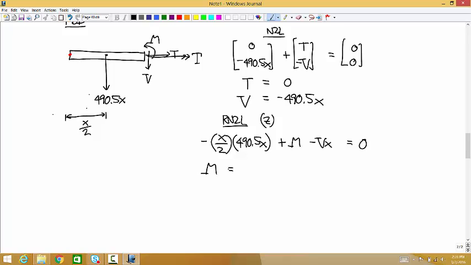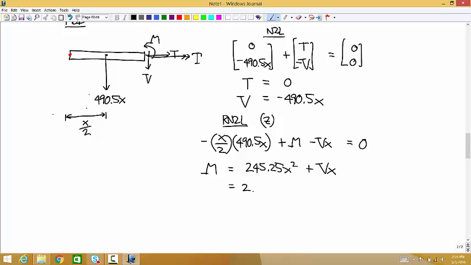So M is equal to positive 245.25x squared plus Vx. Vx is equal to negative 490.5x squared.